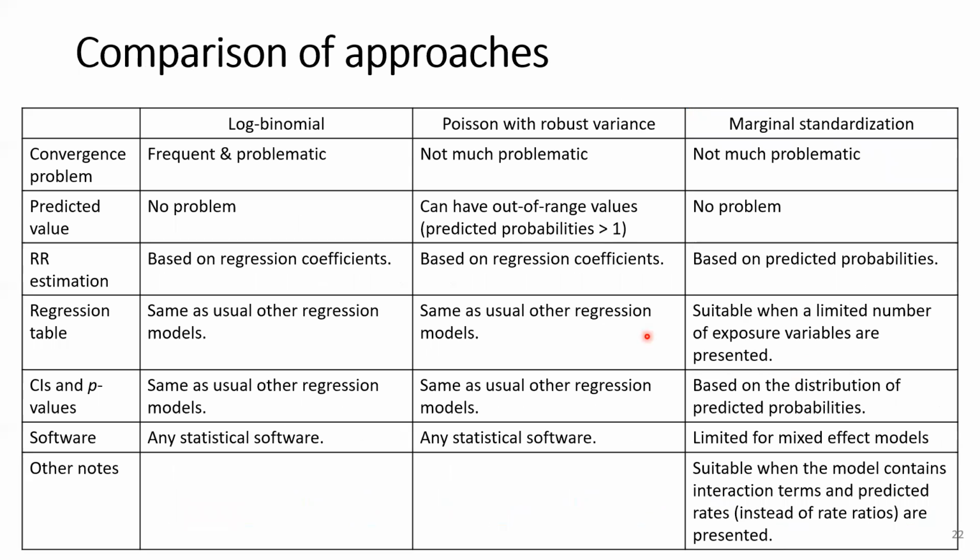So we have 3 methods to use when we want to present the data using relative risk: log binomial, Poisson with robust variance estimation, and marginal standardization. Which one shall we use? This is a question. You may want to try all 3 as a sensitivity analysis, but finally you have to choose one. First of all, log binomial.